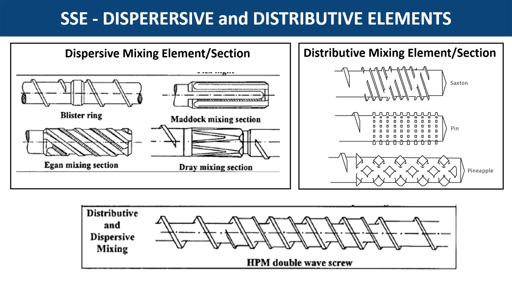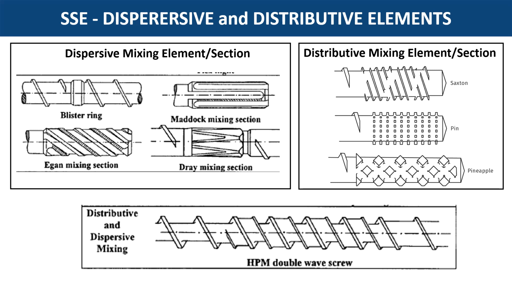One example of a screw design to achieve both good distributive and dispersive mixing in a single screw extruder is shown here. In summary, we can say that in a single screw extruder, process parameters, screw design and mixing elements can be varied to achieve the desired dispersion and distribution.